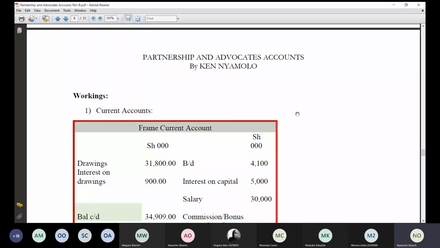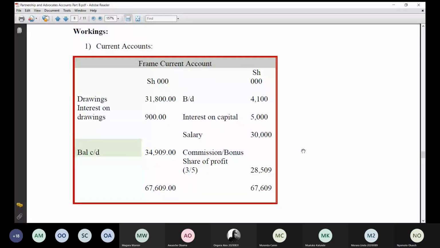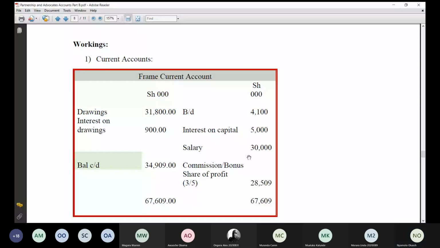As part of your workings, it's important that you show these current accounts adjustments and the capital accounts as part of your workings.